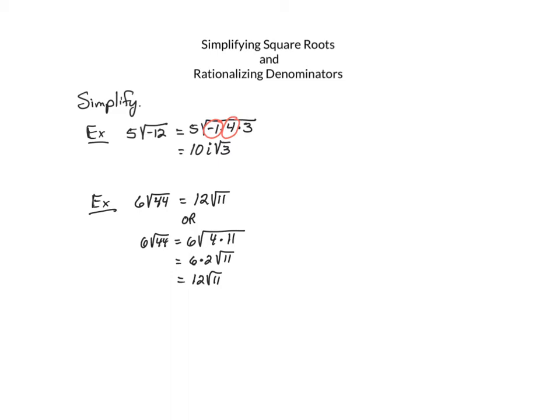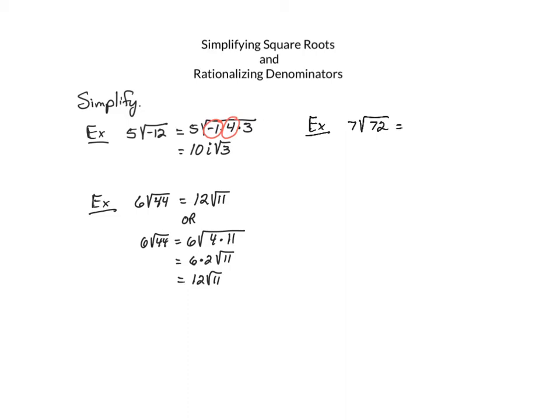Let's continue. Let's look at this one. We'll let it be 7 times the square root of 72. Often when people are simplifying the square root of 72, they think of 72 as 9 times 8.